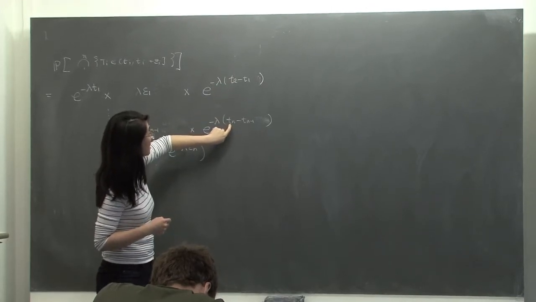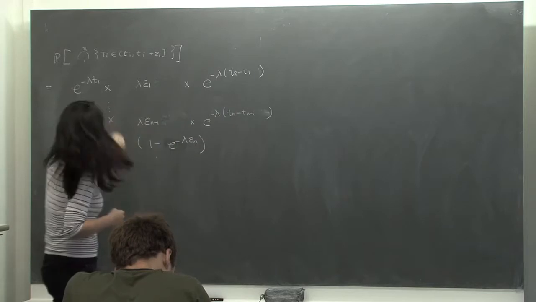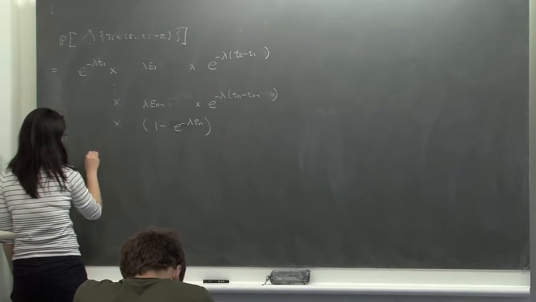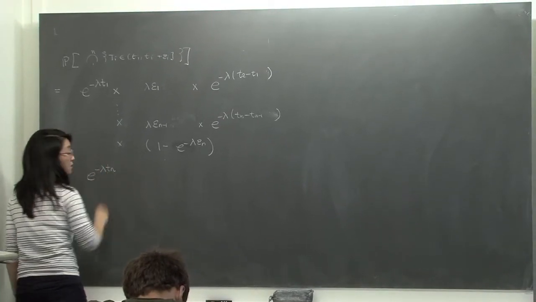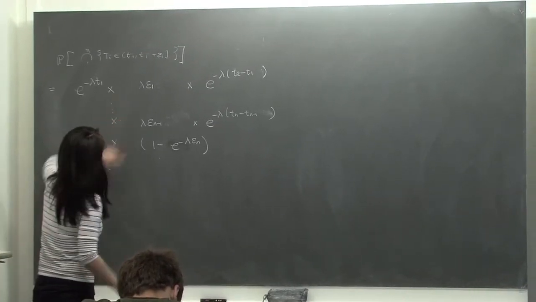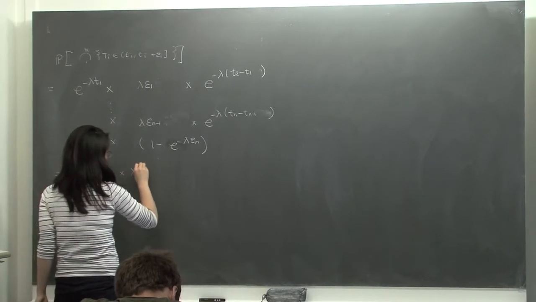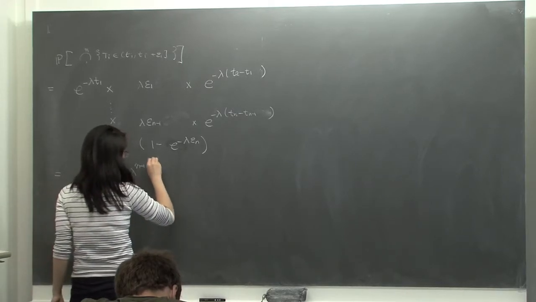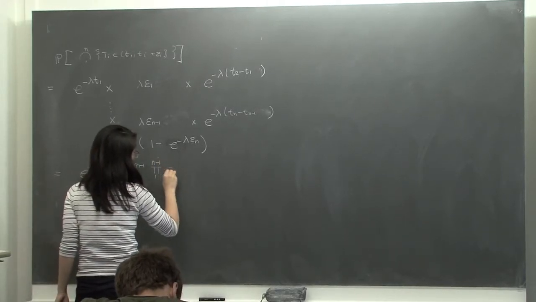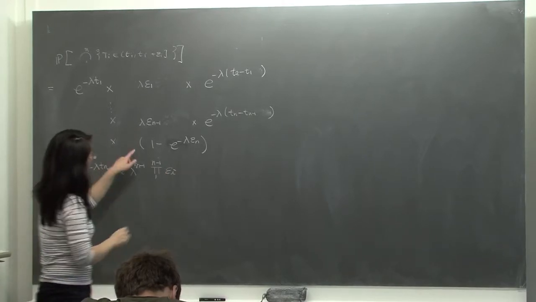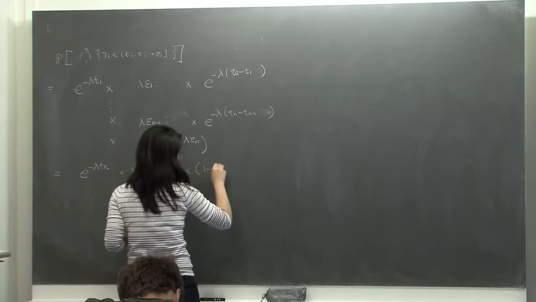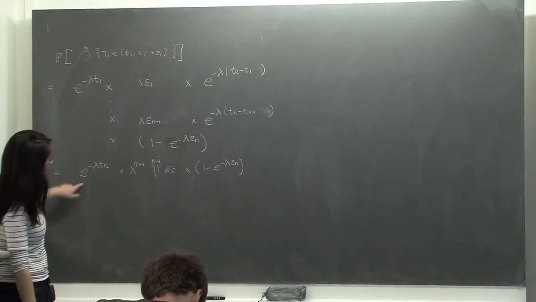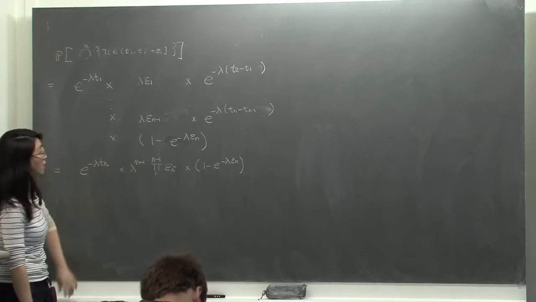So finally, we will get Tn minus T1, and here is T1. So for the exponential part, we have e to the minus lambda Tn. And for this part, we get lambda to the power n minus 1 times the product of epsilon from 1 to n minus 1. And for the last part, it is this one. So from here to here, we just rearranged this probability.